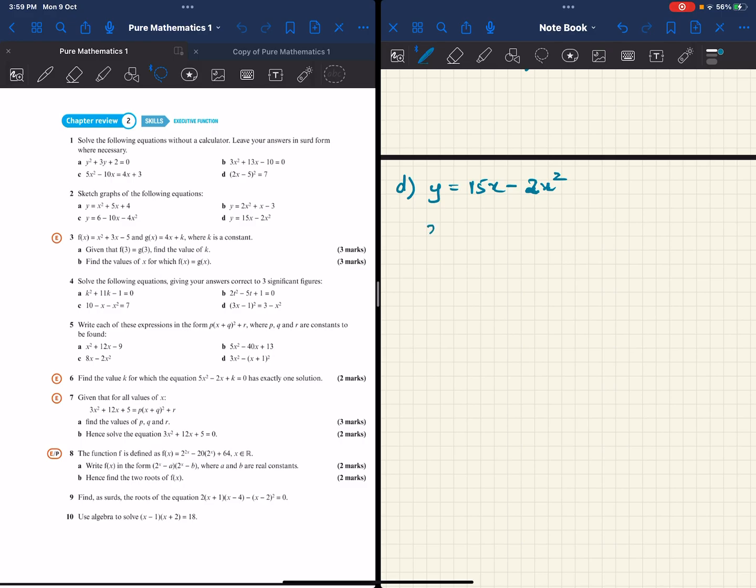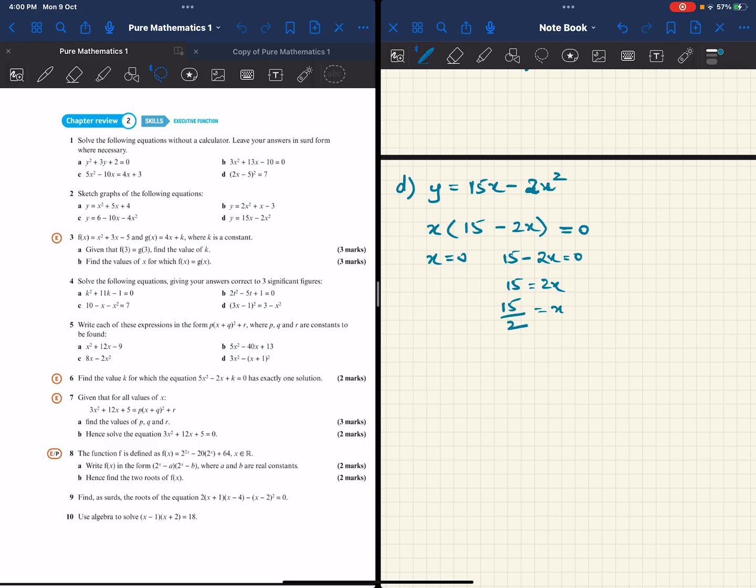So x is common, x into 15 minus 2x. To find the x-intercept, we equate the equation to 0. Therefore, x is equal to 0, 15 minus 2x is equal to 0. Now we have 15 is equal to 2x, or x is equal to 15 divided by 2.